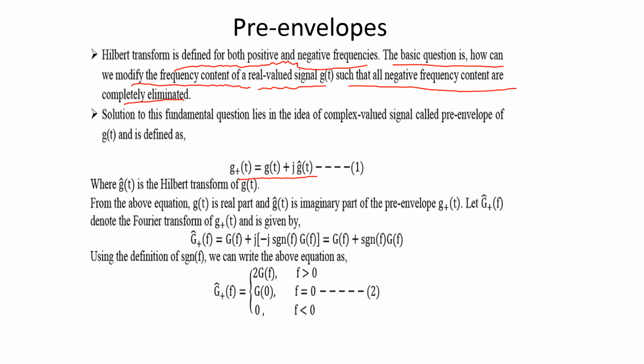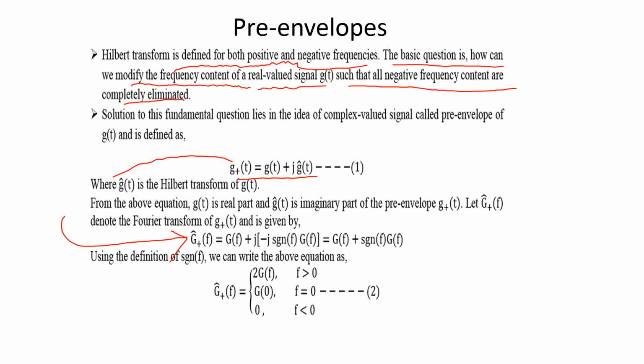So how can it be completely eliminated? The j term is nothing but the complex term of the Hilbert transform. When it is added with g of t, it can eliminate the negative envelope of the signal. So for that reason, we take the frequency in terms of the Fourier transform.